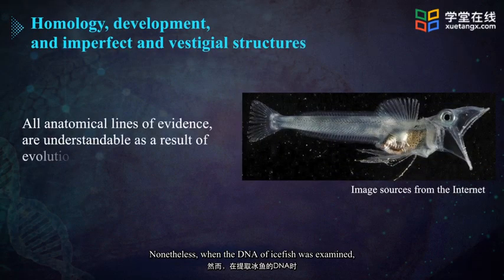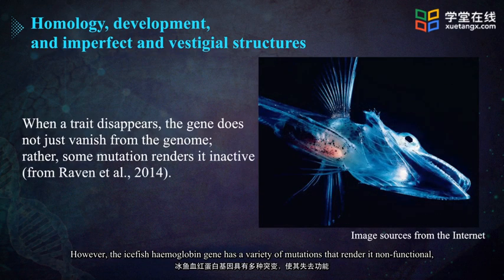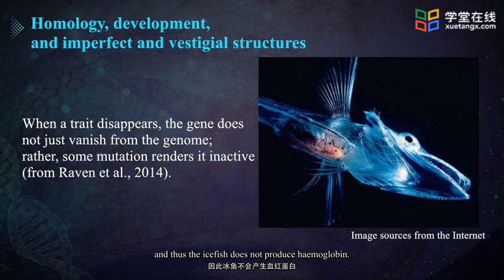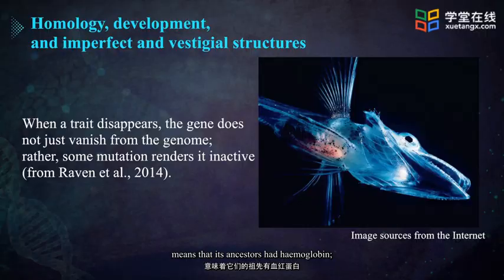Nonetheless, when the DNA of ice fish was examined, scientists discovered that they have the same gene that produces hemoglobin as that found in other vertebrates. However, the ice fish hemoglobin gene has a variety of mutations that render it non-functional, and thus the ice fish does not produce hemoglobin. The presence of this inoperative version of the hemoglobin gene in ice fish means that its ancestors had hemoglobin.